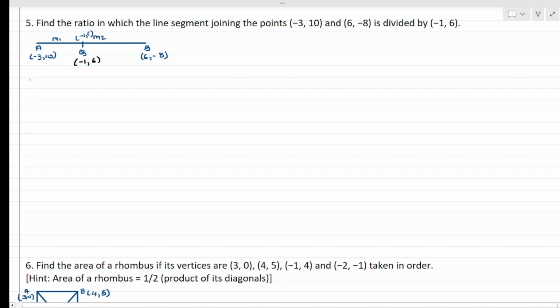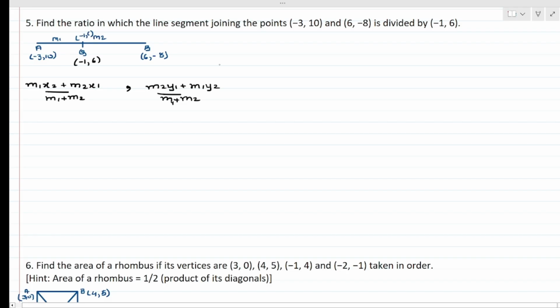Write down the section formula. What is your section formula? Your section formula says M1 x2 plus M2 x1 upon M1 plus M2. Same way for y, you will write M1 y2 plus M2 y1 upon M1 plus M2.